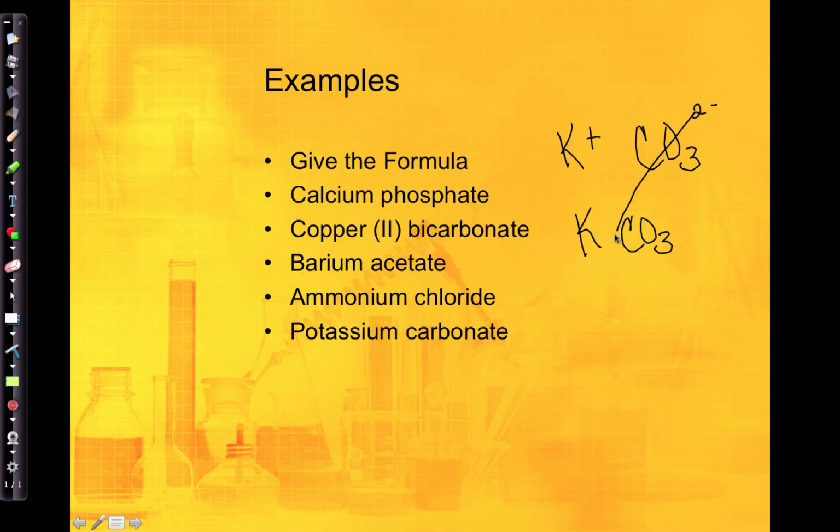And then the 2 comes down here. So it's K2CO3. All right, so 2 and 1, I can't reduce that. And remember, if you're reducing, you're never ever going to change the polyatomic formula. So if you have carbonate in your name, you should have a CO3 in there. Otherwise, it's wrong.